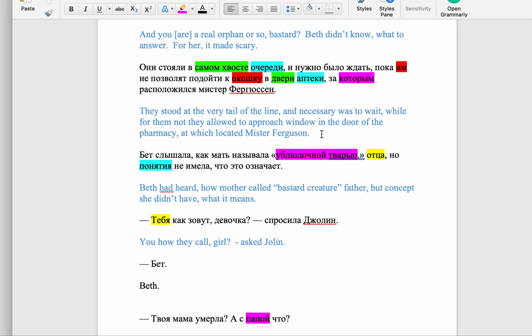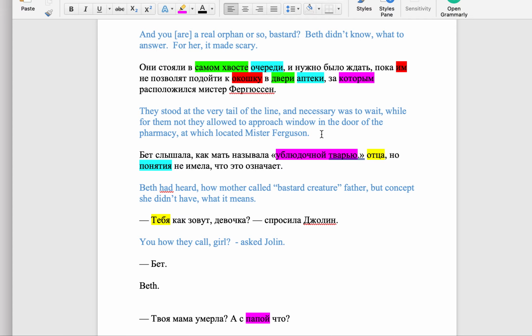В двери. Okay, so this is in the door of the pharmacy. So двери is in the prepositional case, while аптека is the basic word here, and it changes to аптеки for the genitive case.